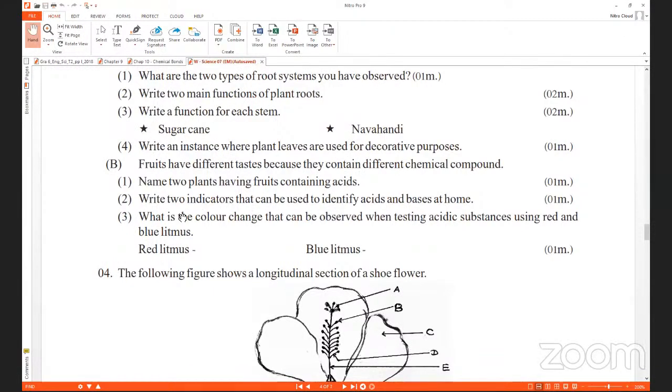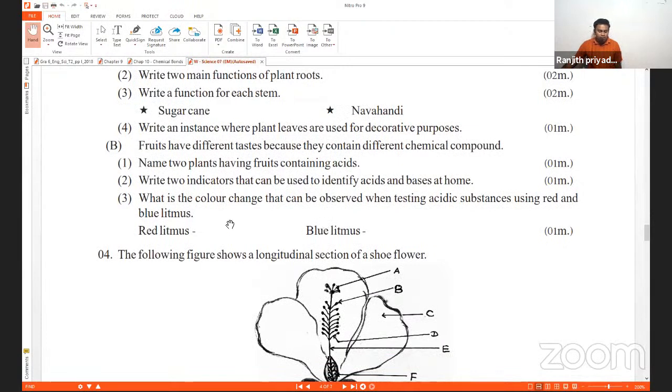What is the color change that can be observed when testing acidic substance using red and blue litmus? Do you remember we learned that nicely? Red litmus, no color change. Blue litmus, red. When testing acidic substance, blue into red.